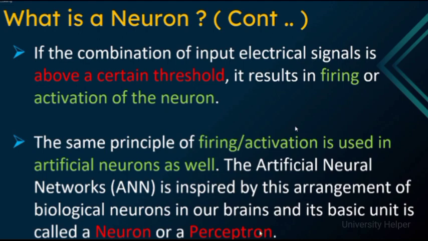We can also call it a perceptron. Keep this in mind, because most of the time we don't use the term neuron. There's a specific type of neural network called the multi-layer perceptron. We can call this a neuron, or sometimes a perceptron, but most of the time we use the term perceptron. Keep this in mind.